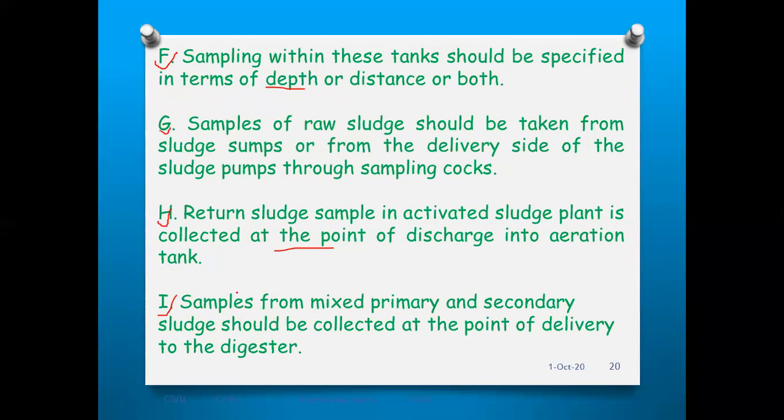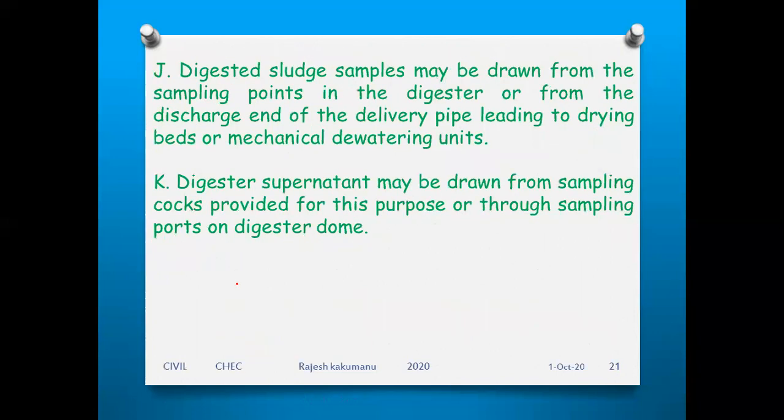There also you can take the samples for testing. Next, digester sludge samples may be drawn from the sampling points in the digester, right? Next, digester supernatant may be drawn from the sampling cocks provided for the purpose or through sampling ports on the digester.